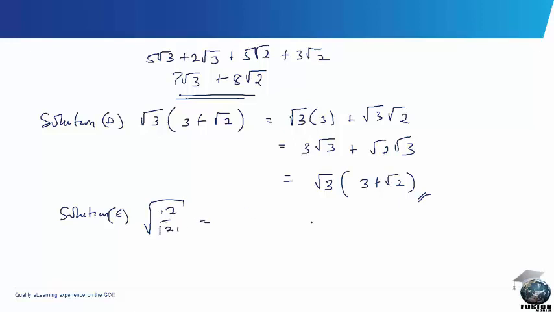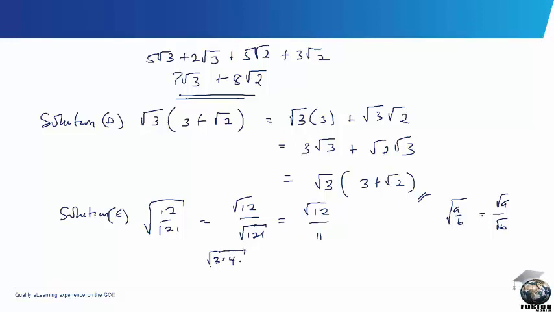We are told from the rule that if you have square root of A over B, it's as good as saying square root of A over root B. And so we will say square root of 12 all over square root of 121. Fine. Okay, so 121, we can do something there. We have root 12 over 11, because square root of 121 is 11, but root 12 can be written as root 3 times 4, all over 11, and so this will be equal to 2 root 3 all over 11.